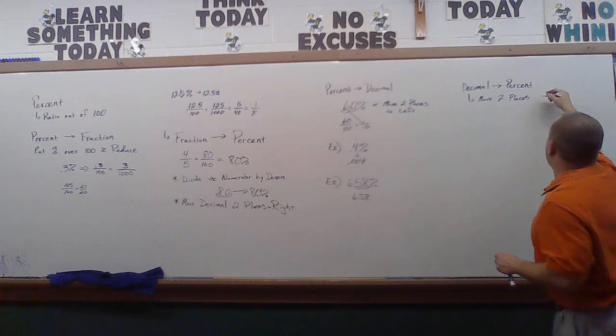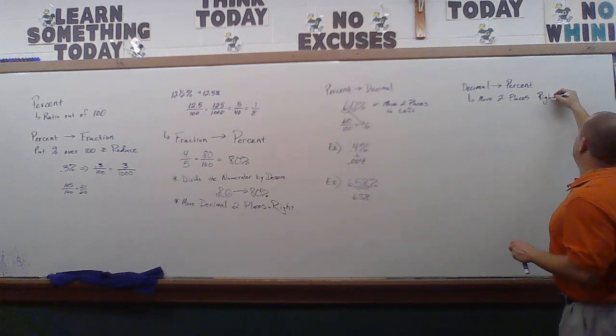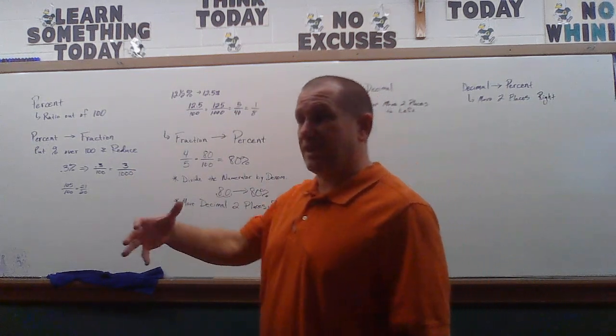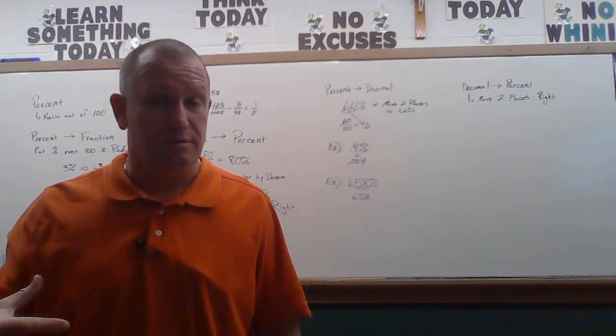Again, you probably don't have to write that one down because that one's probably the one you've done the most. But realistically, it's what Alexander said, right? The reason we're doing that, moving that decimal 2 places to the right, is because we want to base everything off of that number 100.